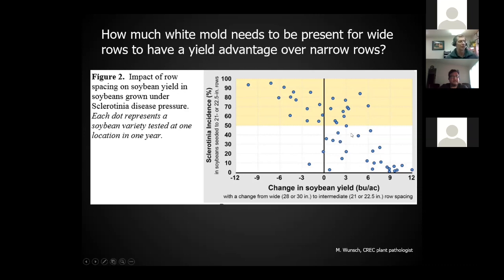And so our summation from this data indicates that we really need to have at least 50% incidence before it would be beneficial to plant in 30-inch rows versus narrower rows. And so think about on dryland soybeans, how often do you see every other plant that has Sclerotinia? Maybe last year in 2019, but that last year broke all the rules. So please keep that in mind as you consider going with wide rows versus something narrower.